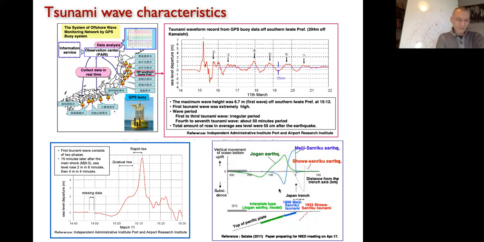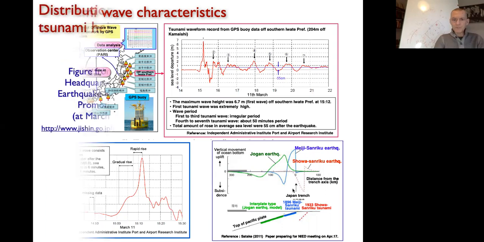So in eras, for example, there is the Jogan period, the Meiji Sanriku, the Showa period. So these names refer to earthquakes that occurred in the past, like 1896, 1933. And actually, even if the tsunami of March 2011 was a sort of a surprise, actually it should not have been, because in the past similar events occurred on the Japanese coast. And we will see this also at the end of the lecture.